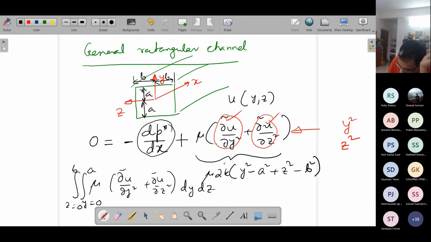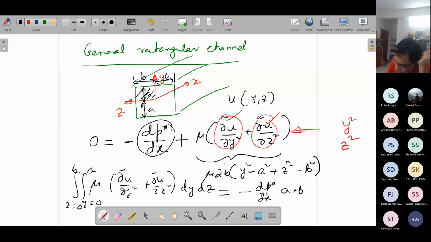These are all half of the domain, so maybe this is 1/4 of the section. This is equal to minus dp star dx into integrated over all this, so it will become a into b. So this is an overall force balance over the cross section.